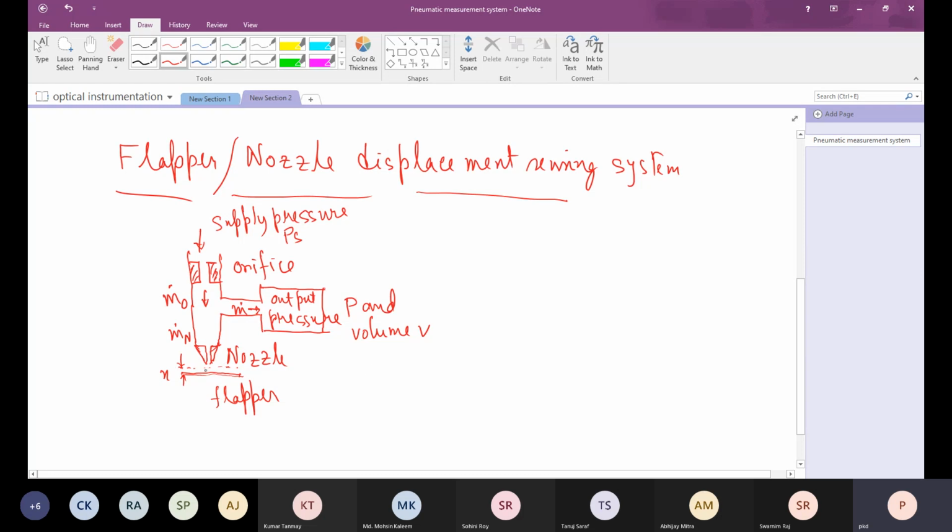Because it is a nozzle, the gas will move like this, and depending on the area of the exposure, the mass flow rate and the back pressure will be controlled.